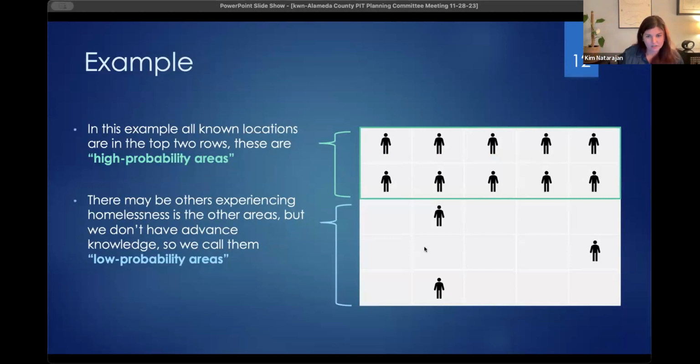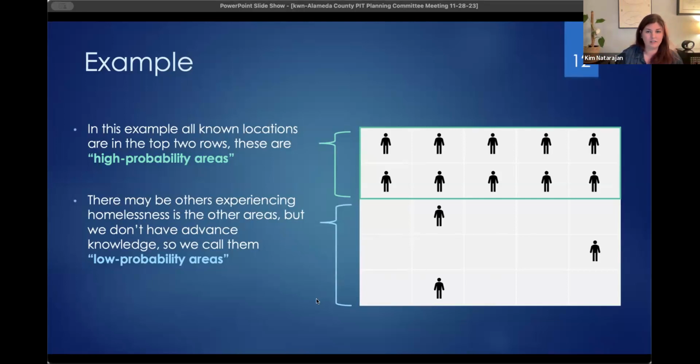In the blue section of the last 3 rows, there's people experiencing homelessness there, but nobody reported them. So that area was marked as a low probability area. So I've got 3 random people on this picture that are existing in our 10-block community, but they didn't get a pin drop. So those are getting marked as low probability.